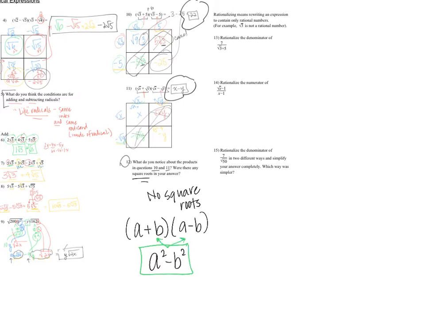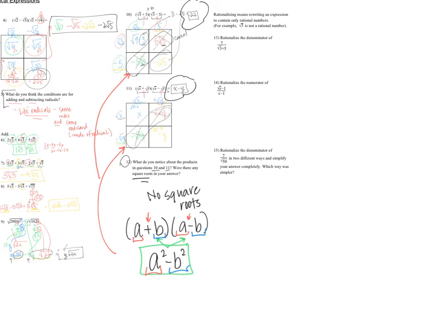So the same binomials, but opposite signs because it always canceled out the middle. And so you can look back and the middle was canceled in 11 and the middle was canceled in 10. And then what happens is that you really just take a times a, that's where the a squared comes from. And then you have the b times the negative b, which is negative b squared. And so you can see that happen.